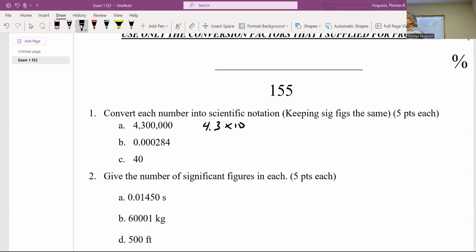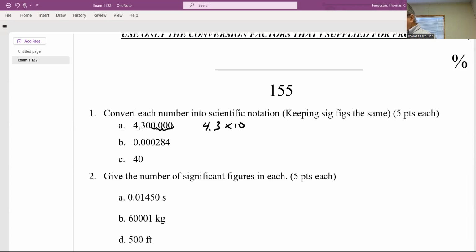So my scientific notation number has to have 2 sig figs as well. Now, the decimal point is here, so we go 1, 2, 3, 4, 5, 6. We convert this to 2.84. 1, 2, 3, 4. How many sig figs does C have? 1. There's no decimal point there.